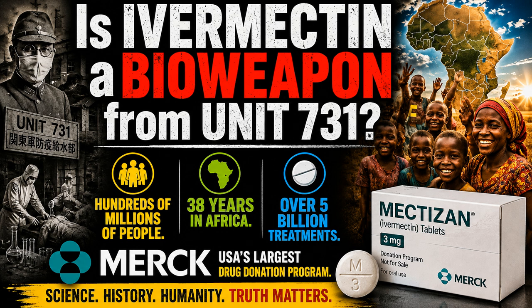Years later, scientists at the American pharmaceutical company Merck discovered that the compounds produced by that microorganism were remarkably effective against parasitic worms. Merck refined one of those compounds into the drug we now call ivermectin. That story is true. It just isn't the whole story.